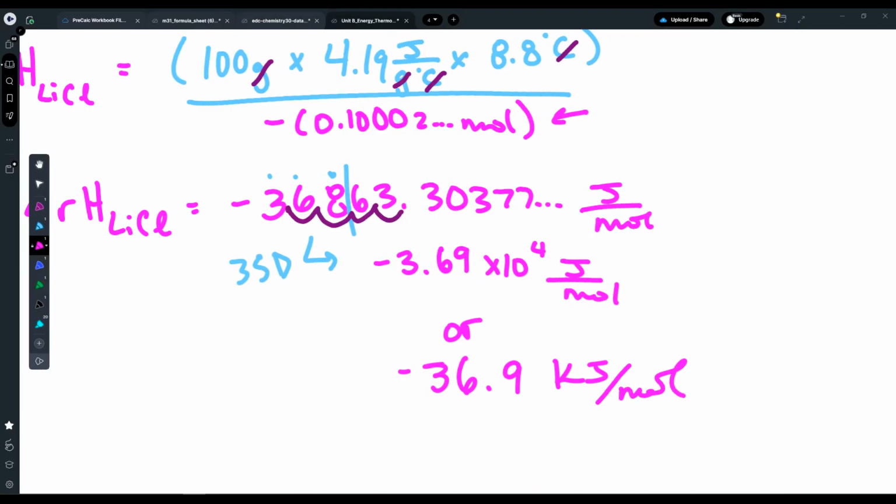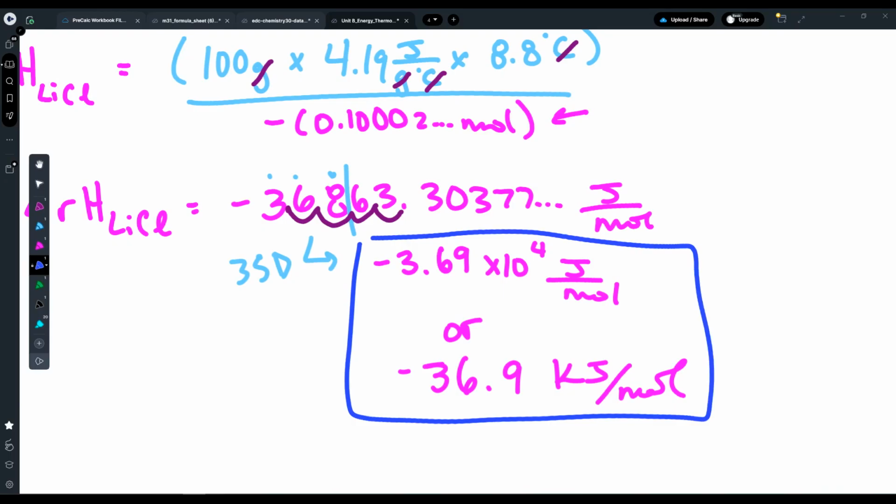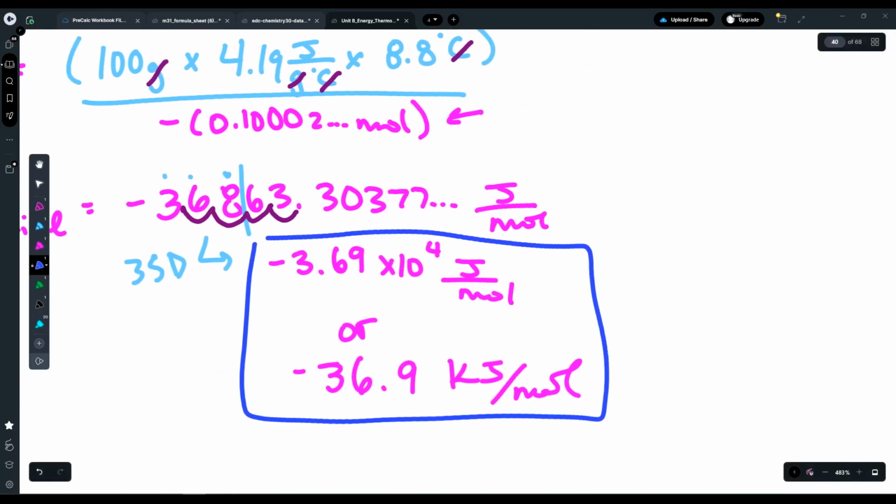Again, what I'm doing to convert from joules per mole to kilojoules per mole is just dividing by 1,000. So this number here tells us the molar enthalpy specifically for lithium chloride.